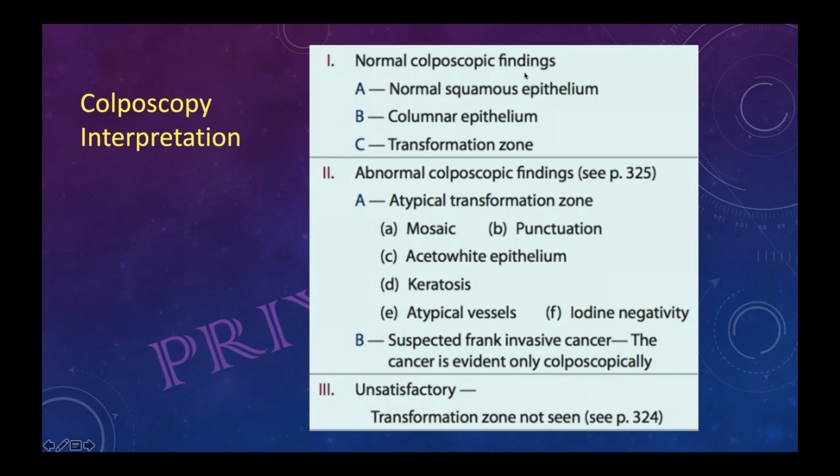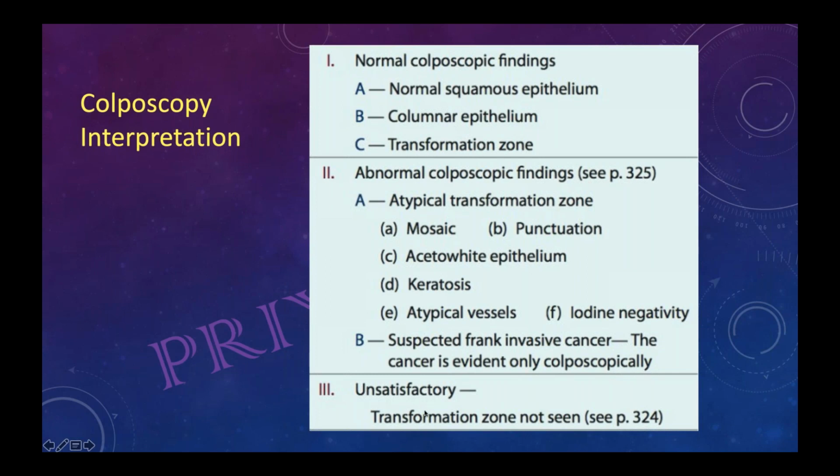Now we will just see some charts from this colposcopy guideline. They will write colposcopy adequate, colposcopy inadequate. If the colposcopy is adequate, they mean they are able to see the whole of the squamous columnar epithelium as well as the transformation zone.